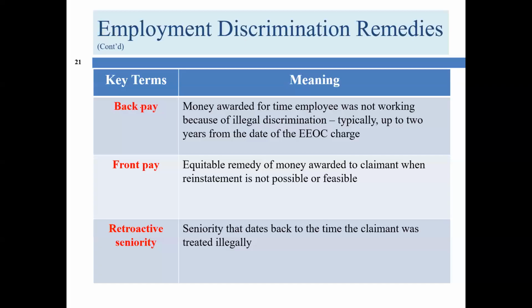Okay, so back pay is a little bit tricky though, because the plaintiff has the duty to mitigate his damages. He has the duty to make his damages as small as possible. So when Bob was laid off, it was his responsibility to try to find alternative employment. And if he failed to find alternative employment, meaning he didn't try to find alternative employment, then he's not going to be awarded back pay, because that was his obligation.